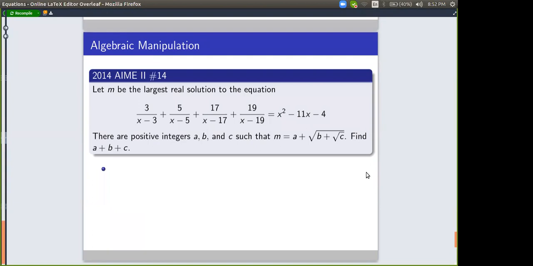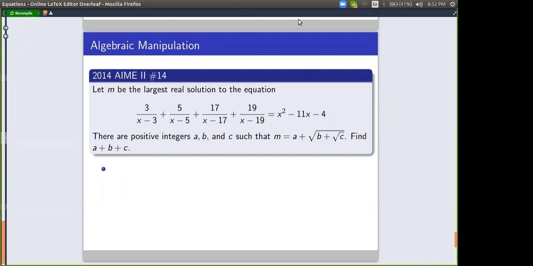I see people are already suggesting substitutions and all this, but if we take a look at this equation first, on the left-hand side, we have fractions of the form n over x minus n: 3 over x minus 3, 5 over x minus 5, and so on. So yeah, if we add 1 to each of these, we can make all of the numerators the same, and this would probably be convenient.